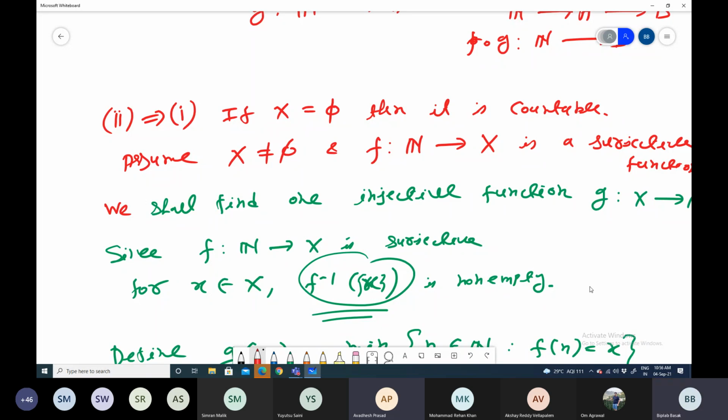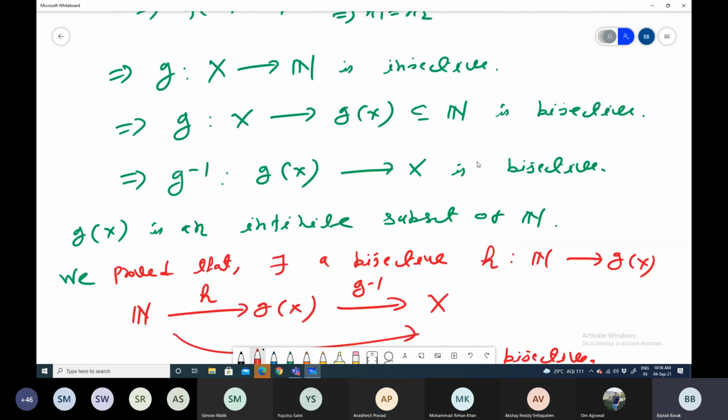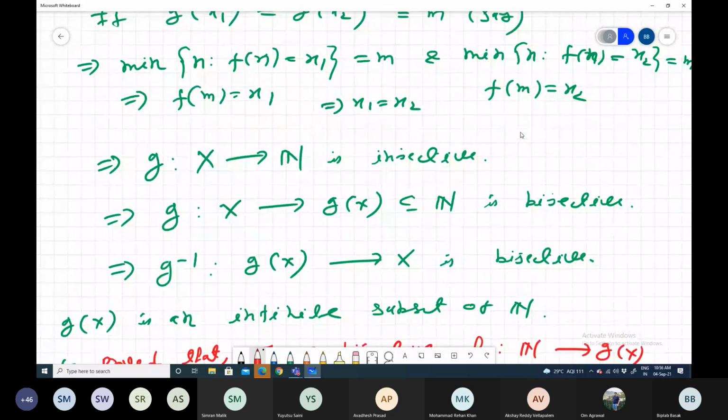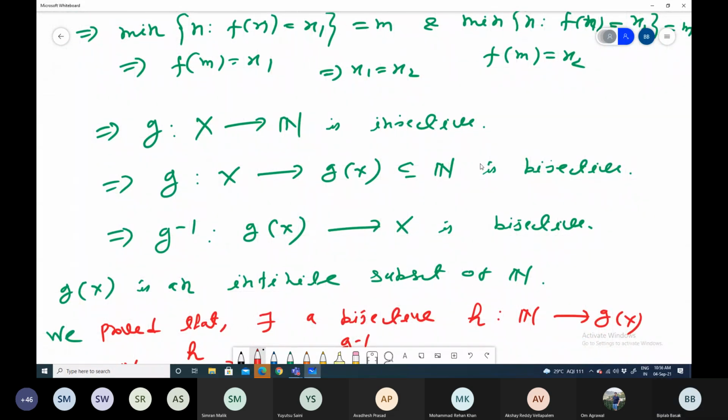Oh, right, right. Just a minute. I forgot that one. Right. So this is injective, right?